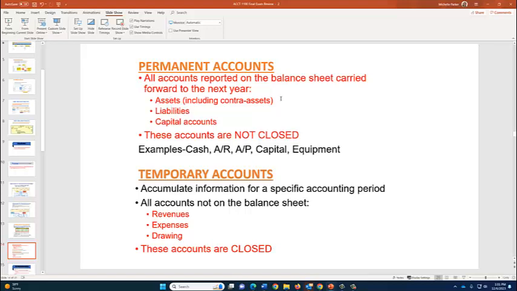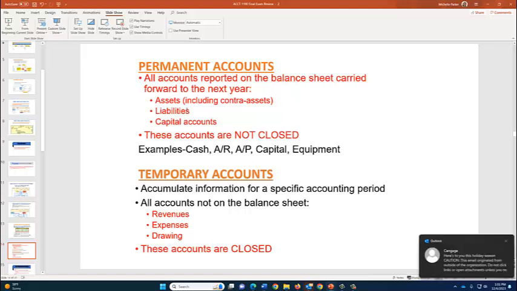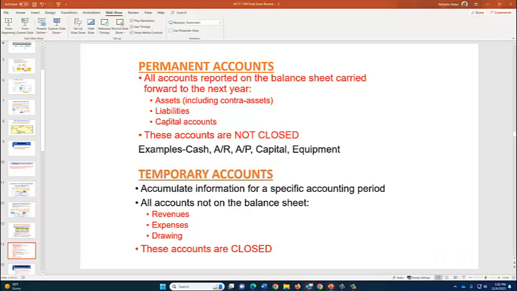We're going to carry those balances into the next year. The same with liabilities and the same with our capital account. These are permanent and they are not a part of the closing process. Some examples are cash, accounts receivable, accounts payable, capital, and equipment.